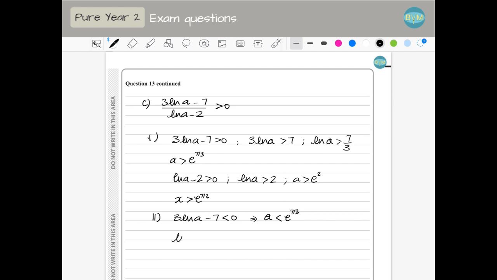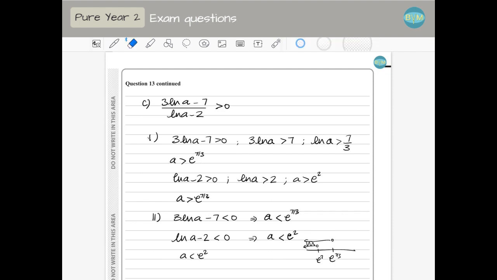And then the denominator negative, which would mean a smaller than e squared. And now we are in the opposite situation. We have a number that must be smaller. So this is e to the 7/3, this is e squared. Our number must be smaller than e squared and smaller than this value at the same time. So our answer is smaller than e squared.